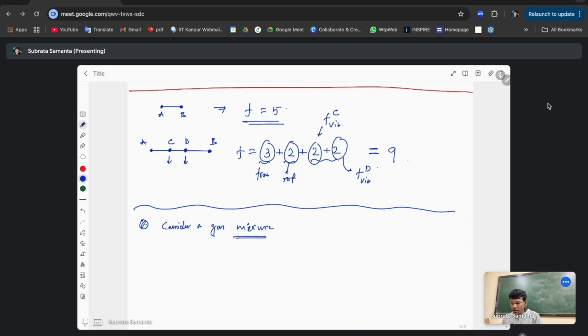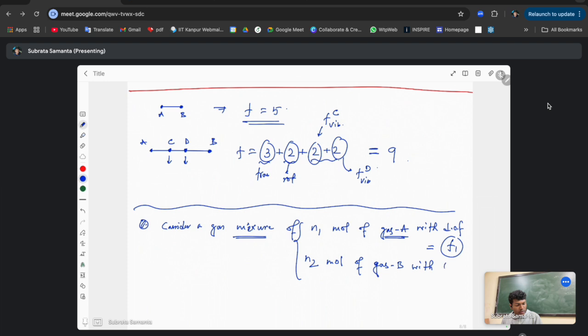I consider a gas mixture of N1 moles of gas, let's say gas A, with F1 degrees of freedom, and N2 moles of gas, let's say gas B, with F2 degrees of freedom.